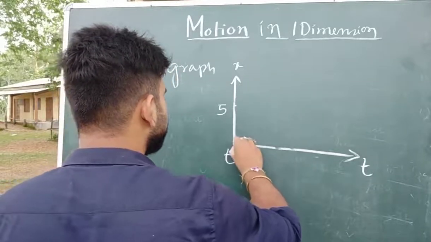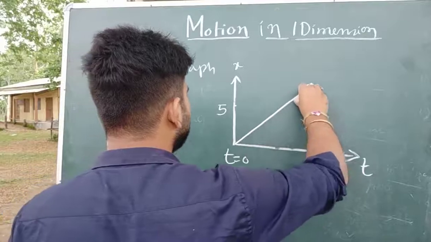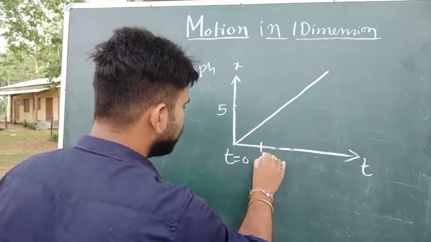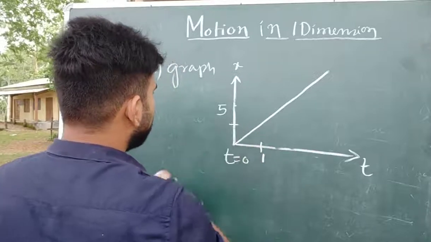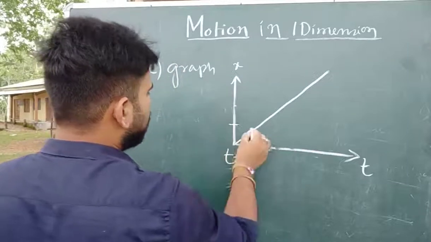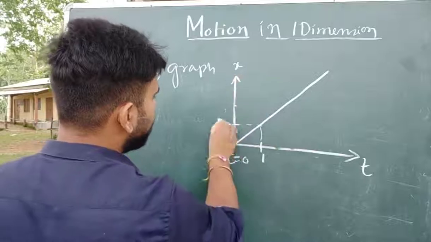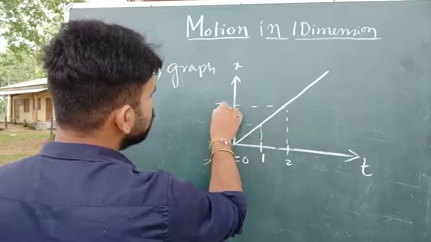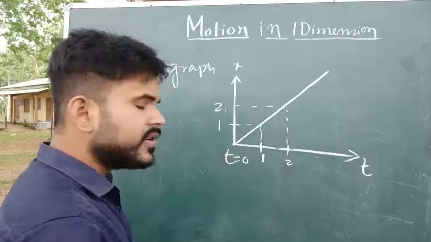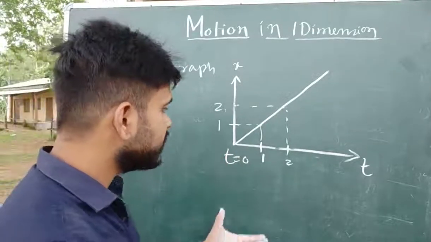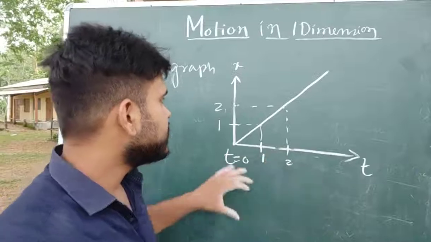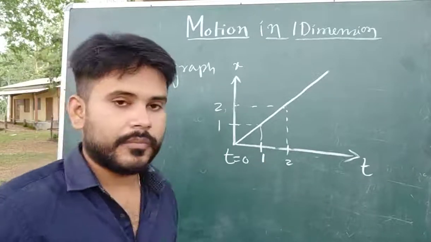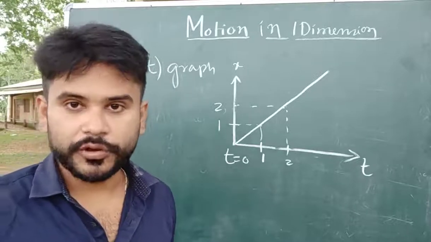Now I draw a completely different graph. Suppose at t equal to 1 second, position is 1 meter. At t equal to 2 second, position is 2 meter. From this graph we can conclude that because the displacement changes as time passes, my bike is in motion.